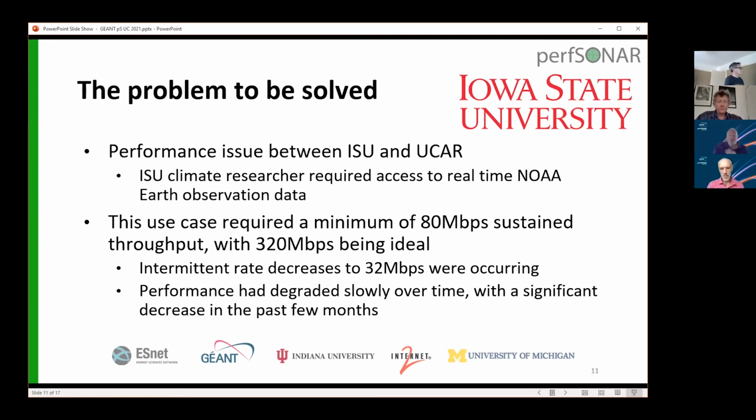But performance had been degrading over time, and we were seeing dips as low as 32 megabits, and sustained rates usually were no better than 50 to 60. So we'd had kind of a fall off over time, but even at the outset, getting anywhere towards 320 megabit wasn't really realistic, according to this researcher.